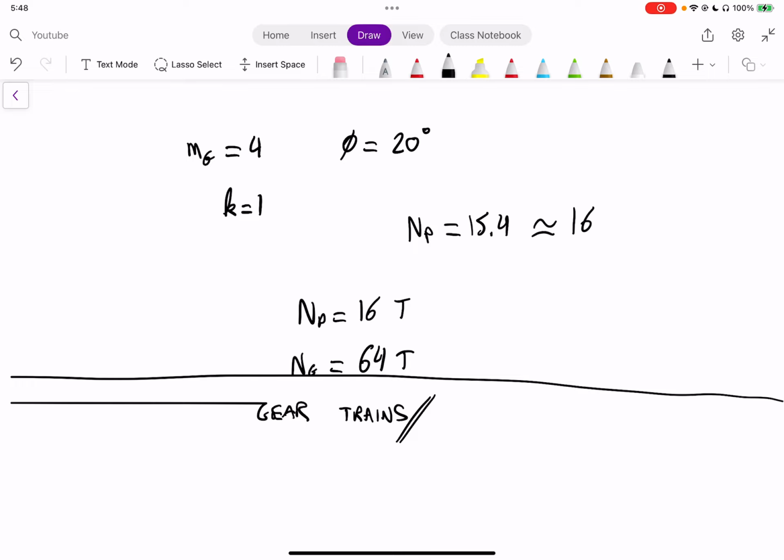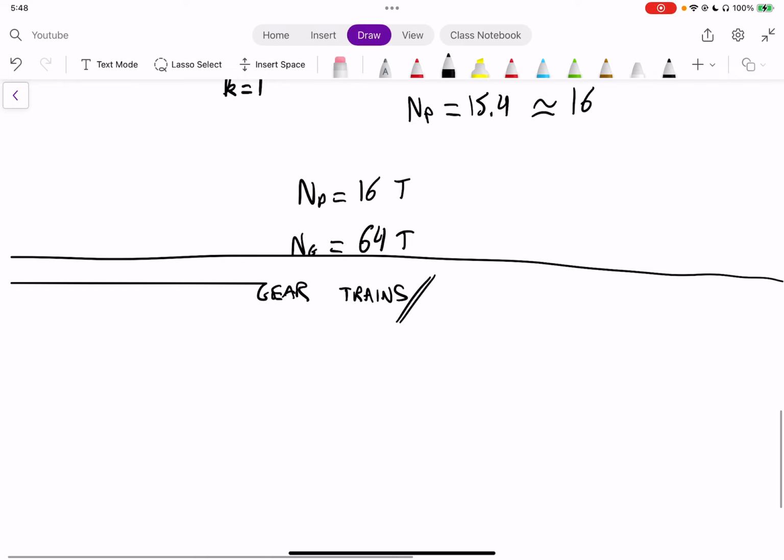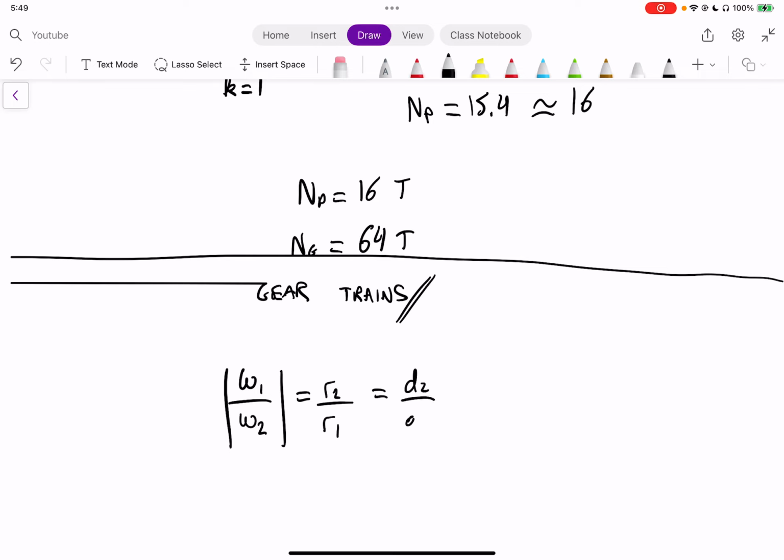Now, some of the equations that we can recall from previously, and that we're going to add a little bit onto based on diametral pitch or module, depending on if we use US units or SI units: we had omega 1 over omega 2 is equal to R2 over R1 is equal to D2 over D1, and it's also equal to N2 over N1.